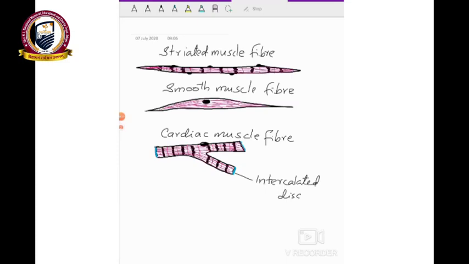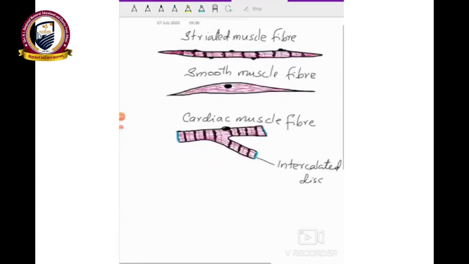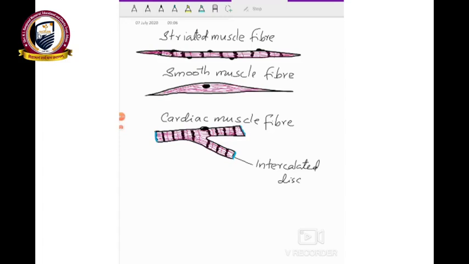If you take up the striated muscle fiber, we see that it is multinucleated. As you see here, you find that there are so many nuclei.